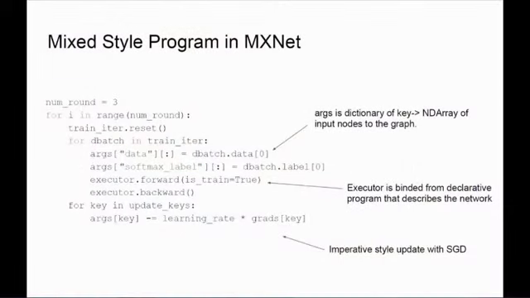So in MXNet, we provide two sets of APIs that are coupled together in the sense that they work together as a whole piece. We have a NumPy-like NDArray interface that executes as you go. That's the imperative programming part. And then we have a symbolic API that does the declarative programming part. This is an example of a basic training loop in MXNet.